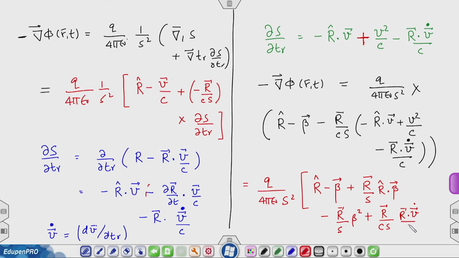So, I can make this c square and remove this. That is minus grad of phi.